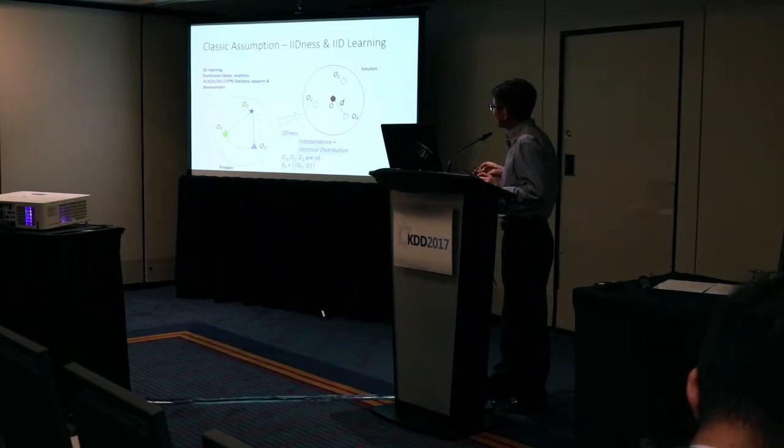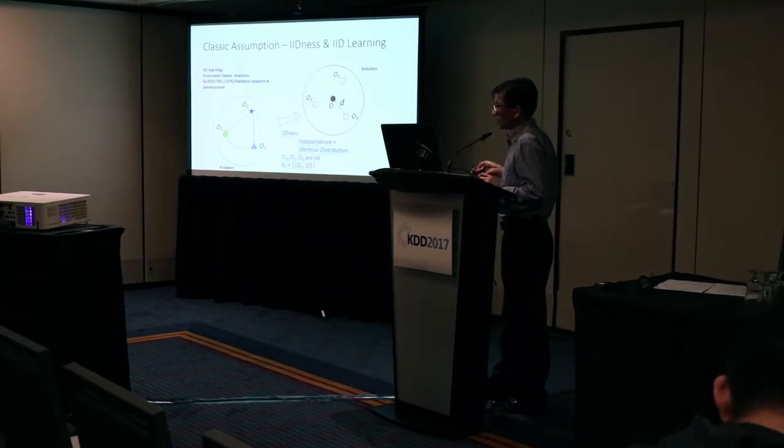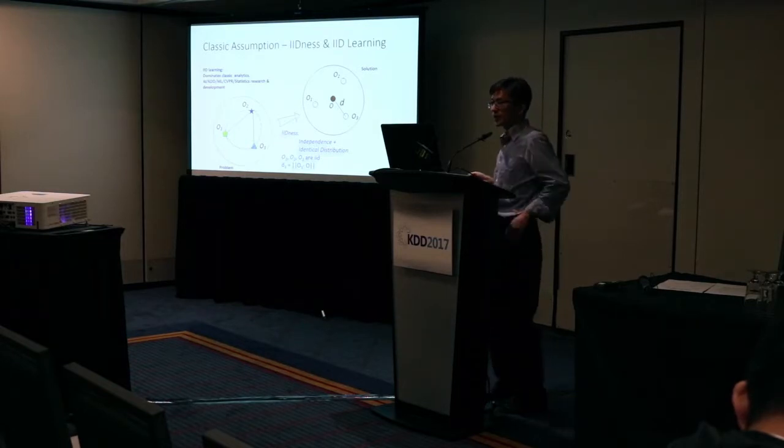We also ignore the impact of O1, that there could be a relation or significance from O1 to O3, and similarly for O2. So basically we just have this simple objective function. This assumption assumes the objects are independent and identically distributed, and put together this is the so-called IID, and I make this a norm called IIDness.